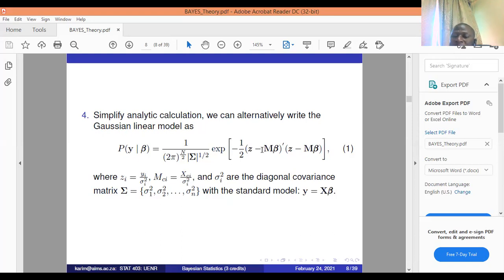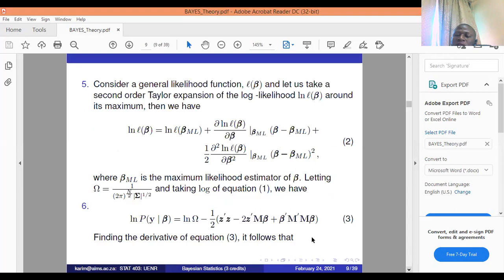Then we take minus M beta transpose multiplied by M beta. If we do that, this is what we are going to have.